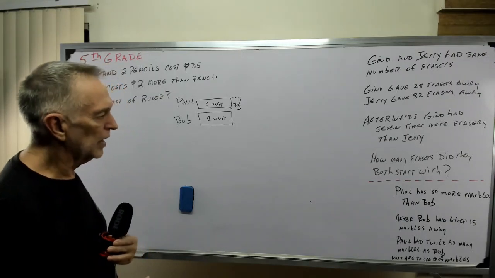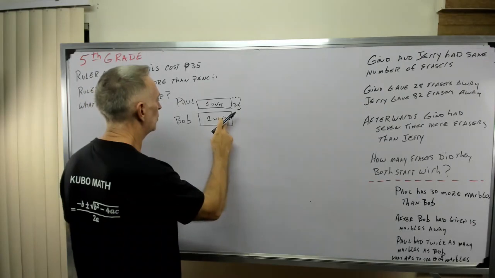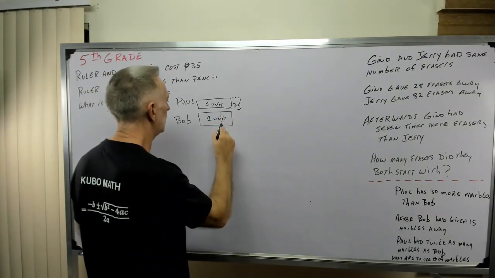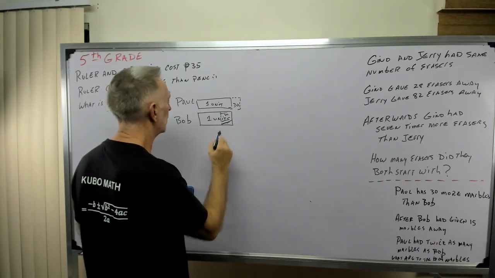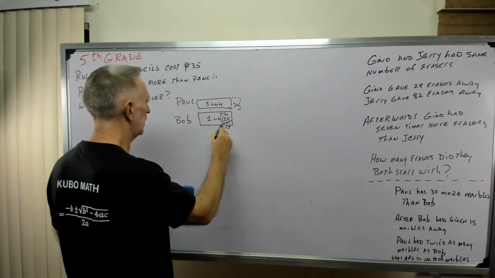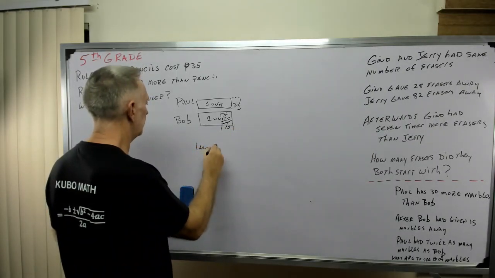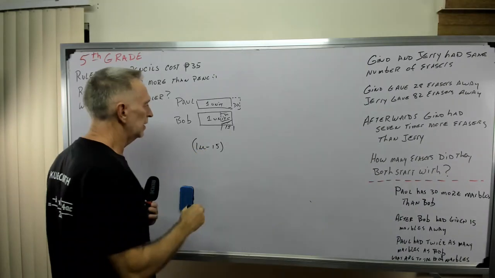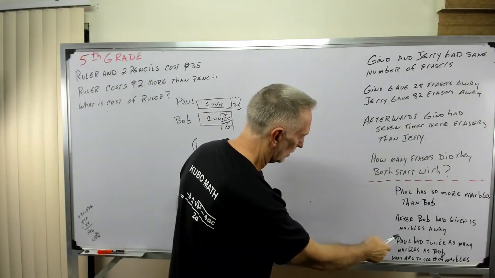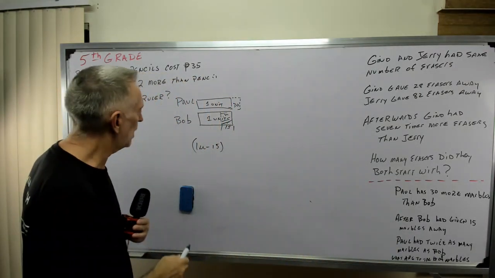Okay, Bob gave away 15. So Bob gave away some of his. He gave away this many. So Bob had 1 unit, and this was 15, by the way. So Bob had 1 unit minus 15, and it's saying after he gave those away, Paul had twice as many marbles as Bob.